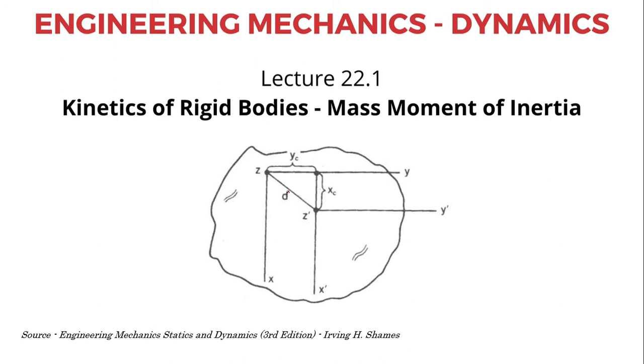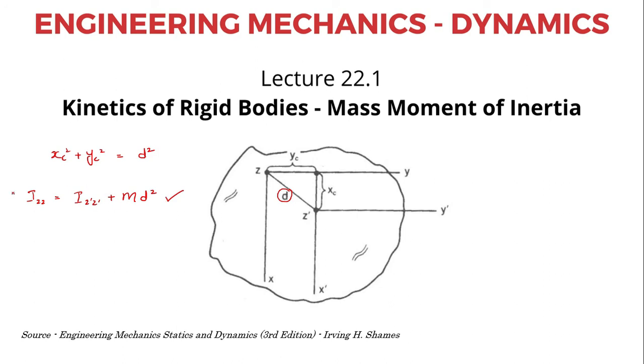Now this d is the perpendicular distance between the two axes. So from this I can get that xc square plus yc square is equal to d square. If you substitute this value in the previous equation, you would get Izz is equal to Iz' plus m into d square. So this is the equation which you had studied as the parallel axis theorem.